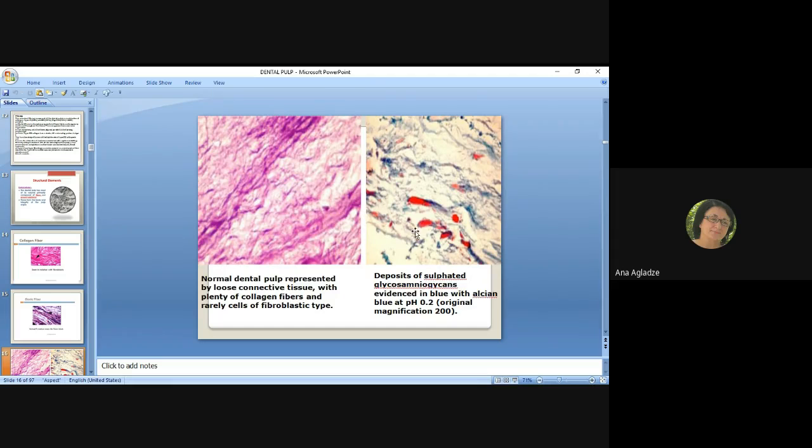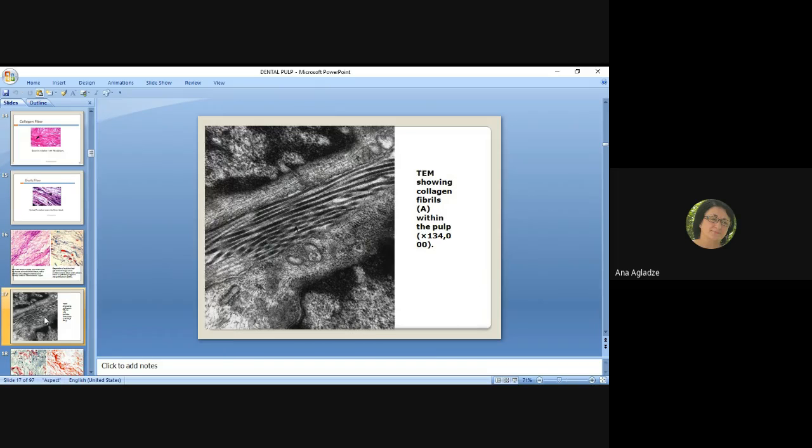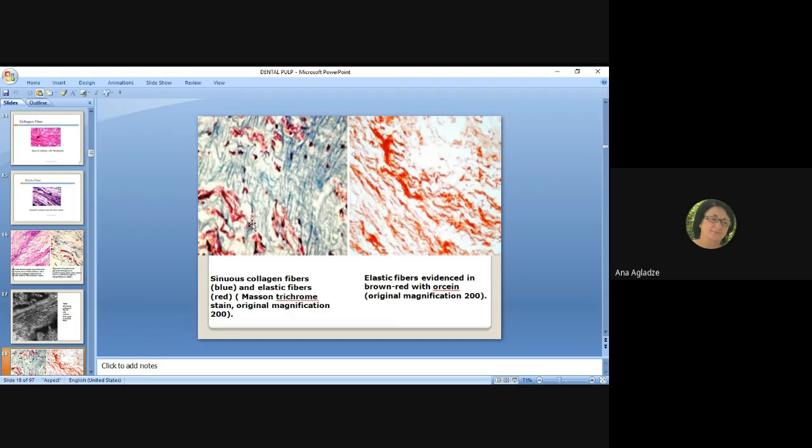And here you can see the special staining for glycosaminoglycans, which are stained in blue. Here you can see collagen fibers in the periphery, arranged in parallel rows. Here also you can see the collagen fibers with this blue appearance.